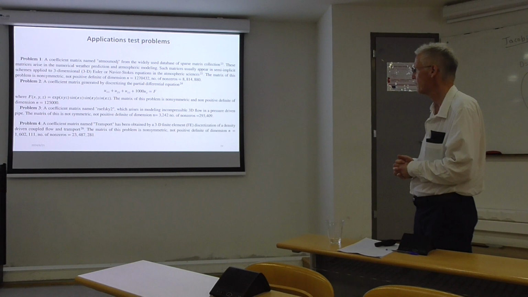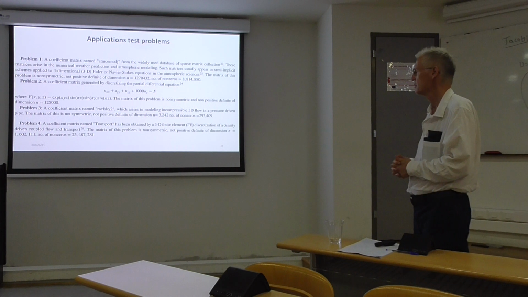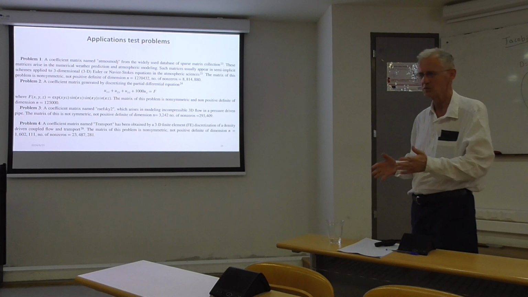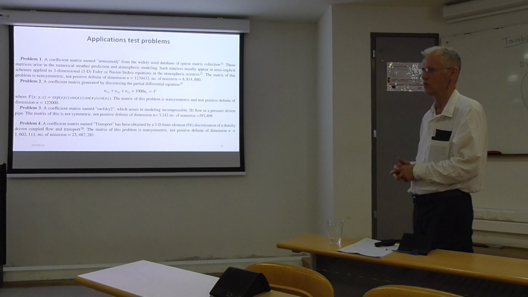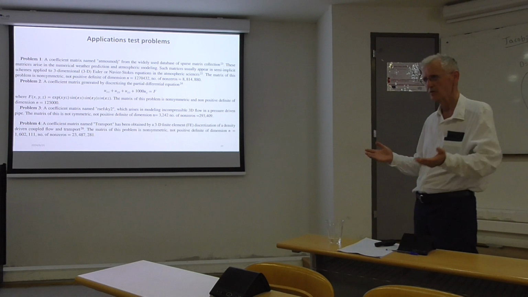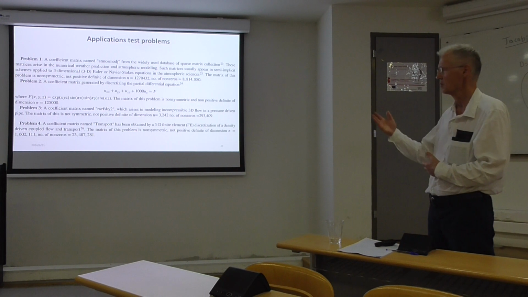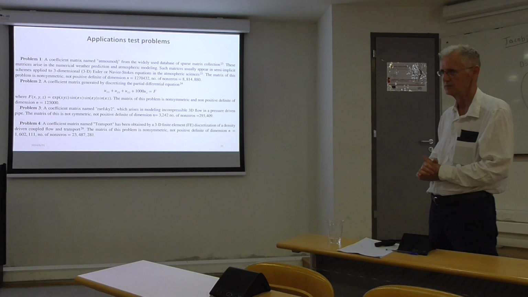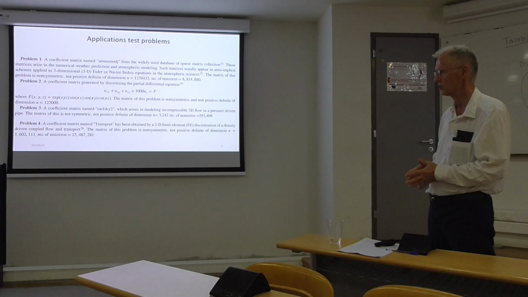Then problem 3 is a smaller problem from 3D incompressible flow. These problems are non-symmetric. Not to say that non-symmetric problems are the only ones which are important. Symmetric problems are also, but the methods we study here and we propose are for non-symmetric matrices.